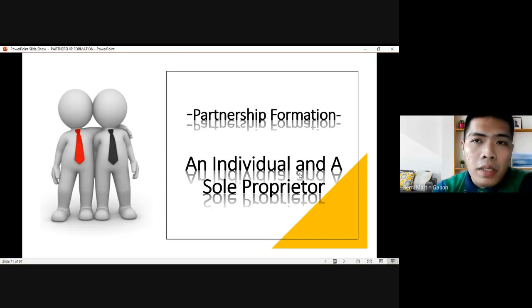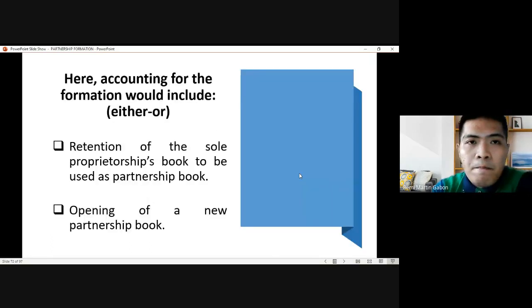Let's proceed with partnership formation, individual plus sole proprietor, meaning there is a business owner. Okay? There's an accounting procedure here because it could either be formation of a new partnership book or retention of a sole proprietorship book as the new partnership book.